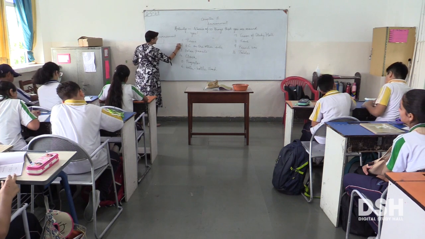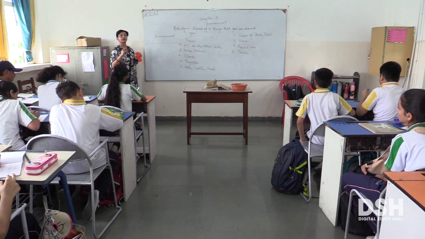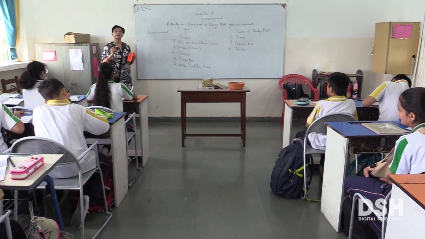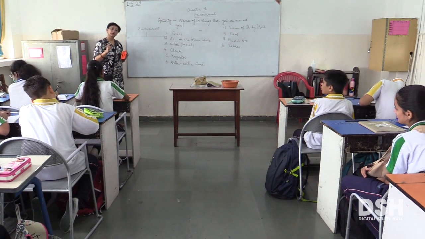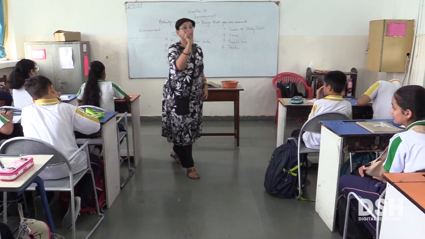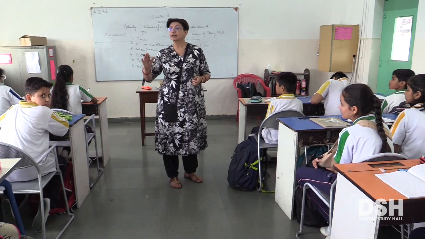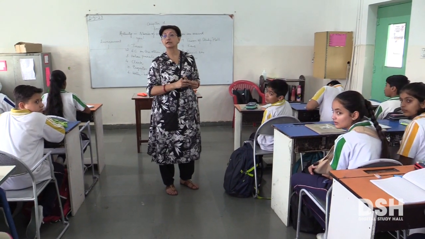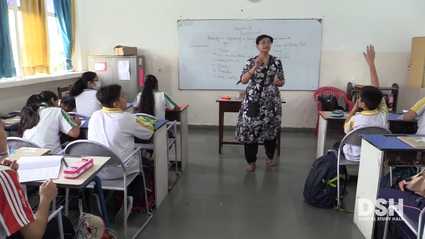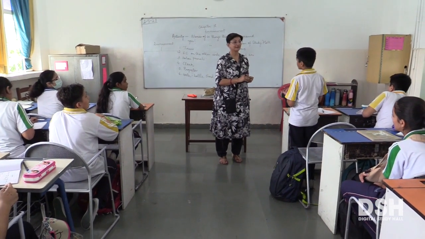Our environment consists of, all right, Darshini? What are biotic and abiotic components? Components which are living organisms, and they are... Beta, you are giving me an incomplete answer because you have not added one word to it. They are living organisms that are around us. Something is missing, some word is missing.